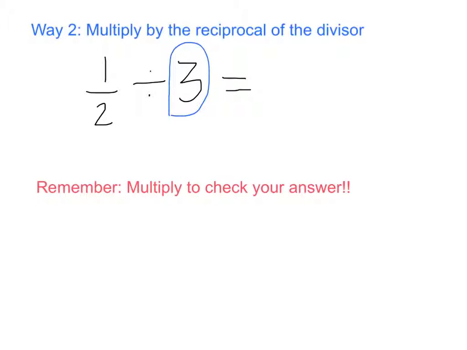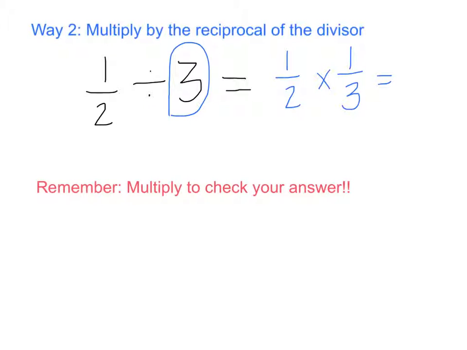So what's the reciprocal of 3? 3 over 1? What's another way to write the whole number 3? It's 3 over 1, right? So what's the reciprocal? If I want to switch it around, what would it be? 1/3. So I can take my 1/2, and as way 2 says, I can multiply by the reciprocal of the divisor.